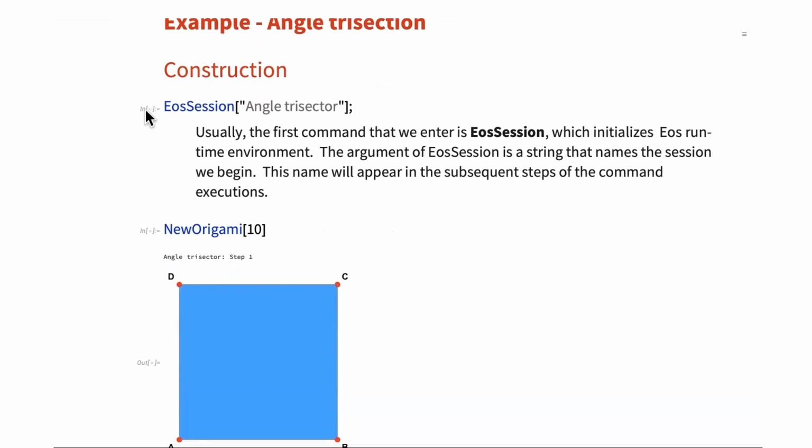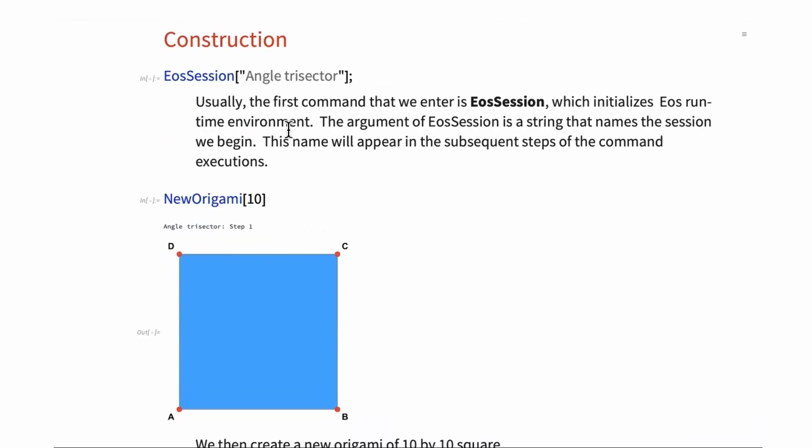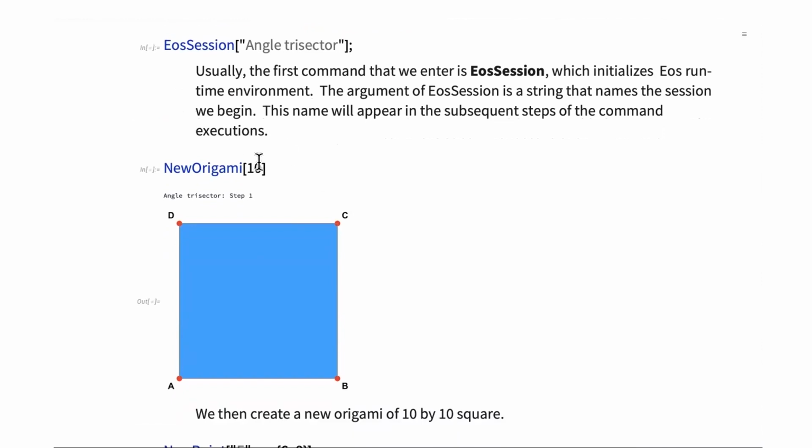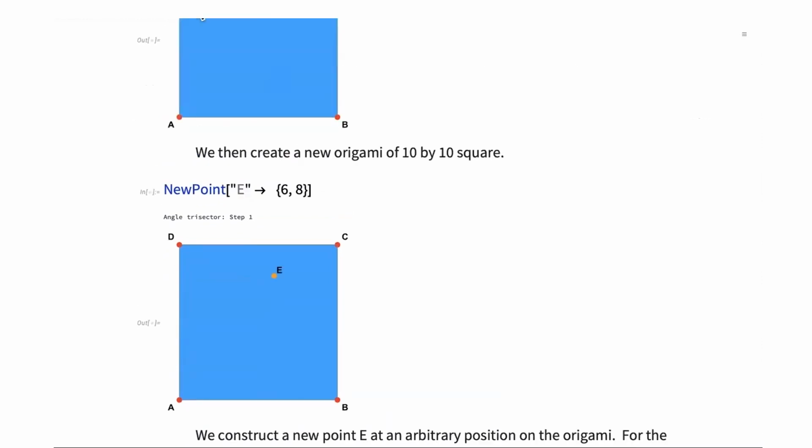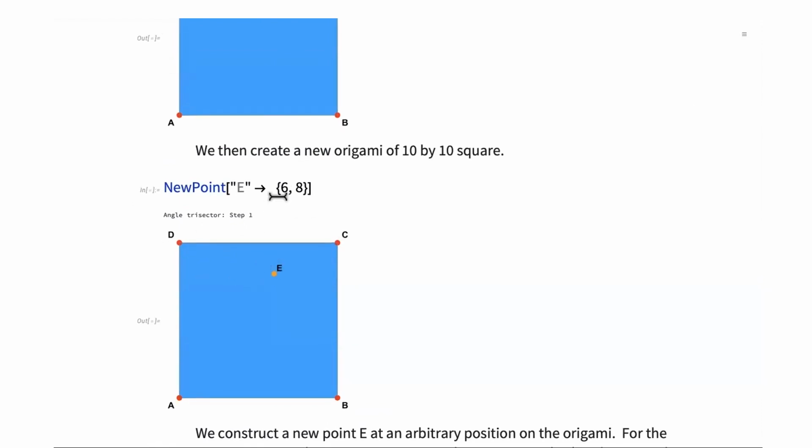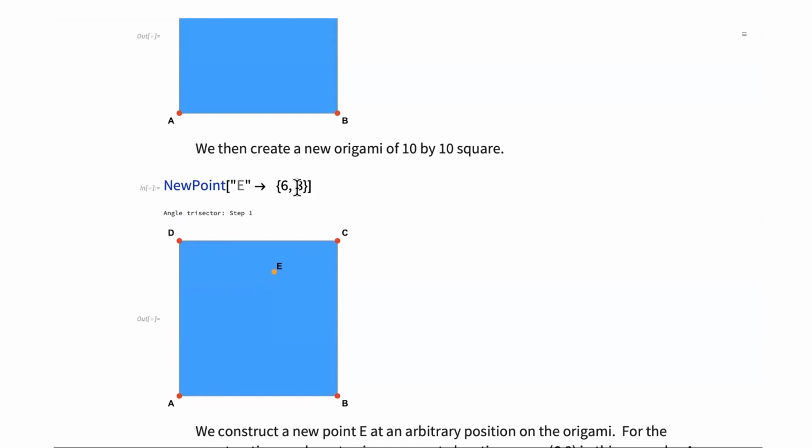So we start with a session first and create an origami of a certain size. Then I want to put a point at any place, but since I defined this origami as 10 by 10, I put E here by specifying its coordinates.